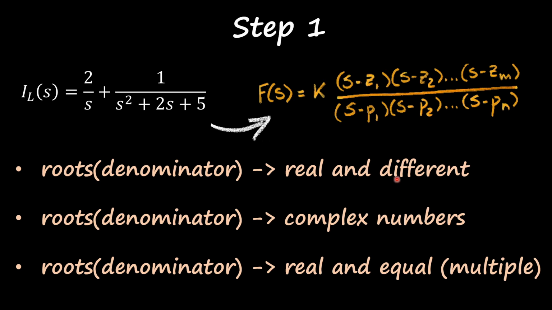Sorry, here was real and different. Now, notice here that I'm just emphasizing the denominator because finding the zeros of our equation, so the roots of the numerator, is actually not that important for this step.